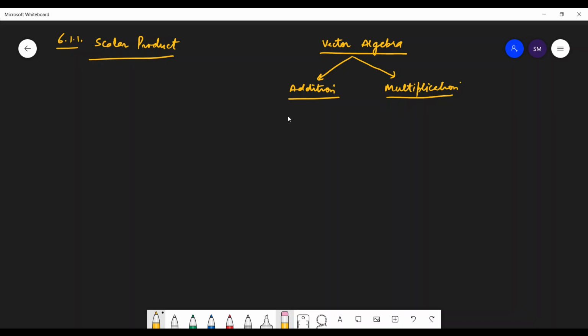This resultant is equal to vector A plus vector B. If we join both the tails, this is vector A, I bring B over here, then I complete the parallelogram, and this diagonal of the parallelogram is my resultant, which is the same thing as the triangle law. So this I call the parallelogram law.